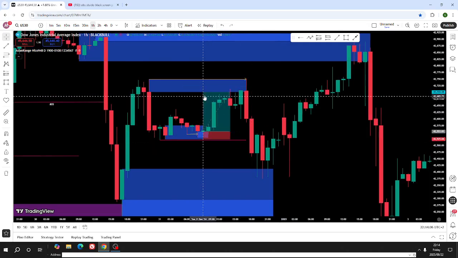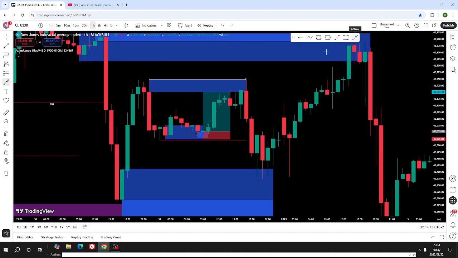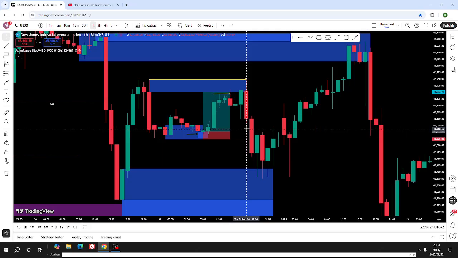Very good. We get to see the market tapping into the order block. And how does it tap? It taps into the unmitigated order block and then sweeps the previous candlesticks. After sweeping these previous candlesticks, what happened?